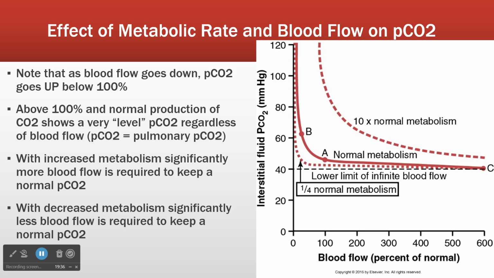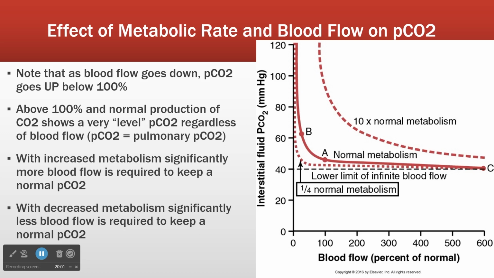So here what we see, here's blood flow again, in percents, double, triple, quadruple, and so on. Here's our interstitial PCO2. So at a normal metabolism, we have a tissue that's working but not particularly hard. At a normal blood flow of 100%, here we are at about 45, right?